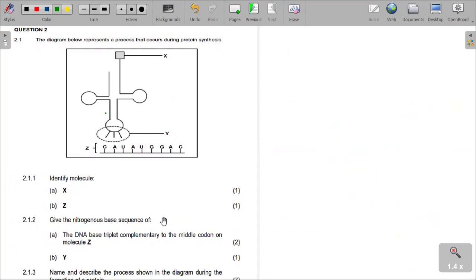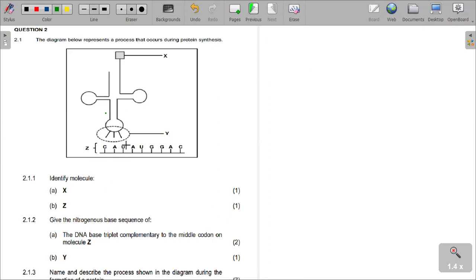Here we are given a diagram representing the process that occurs during protein synthesis. So let us quickly answer this question for the interest of time, so that we can comprehensively cover the protein synthesis process.